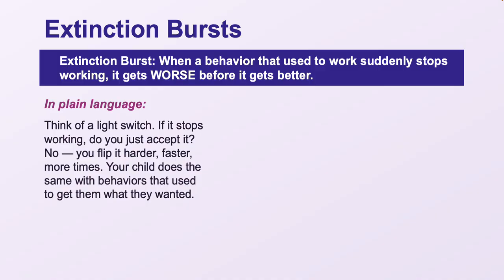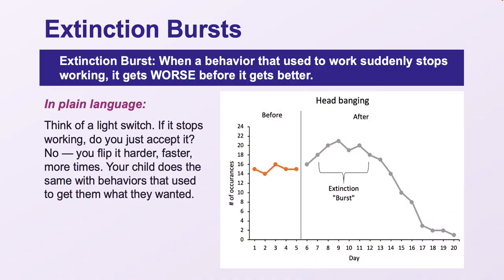But normally you don't flick a light switch like that, right? When it doesn't work at first, you try it a bunch of different ways before you give up on that. Behavior works very similarly to that with other situations as well. So I use headbanging as an example because I've worked with children in the past where headbanging was a way to communicate that their head hurt, right?